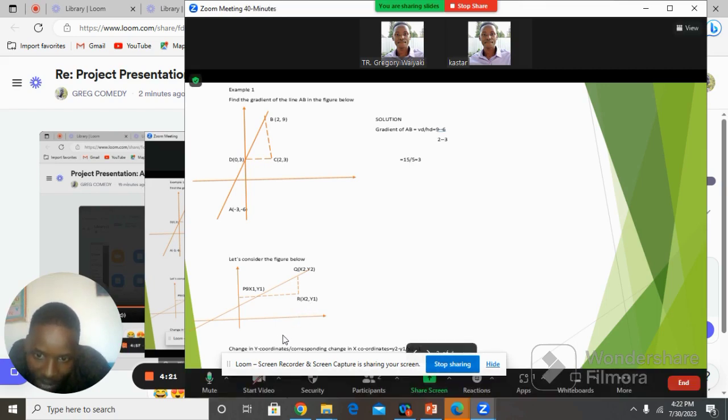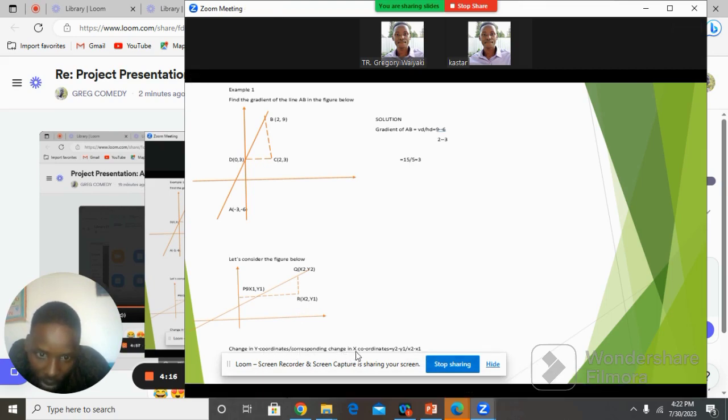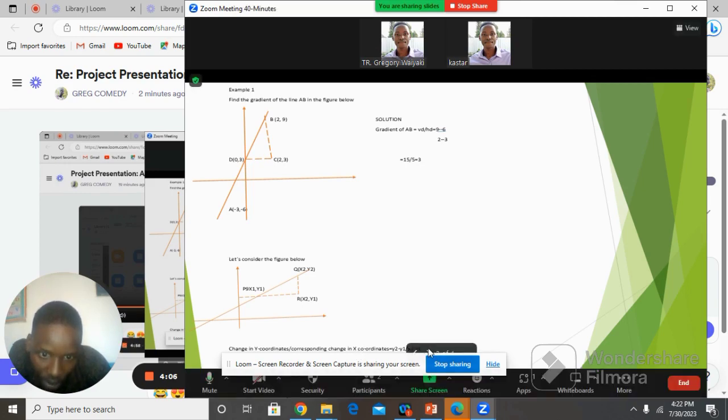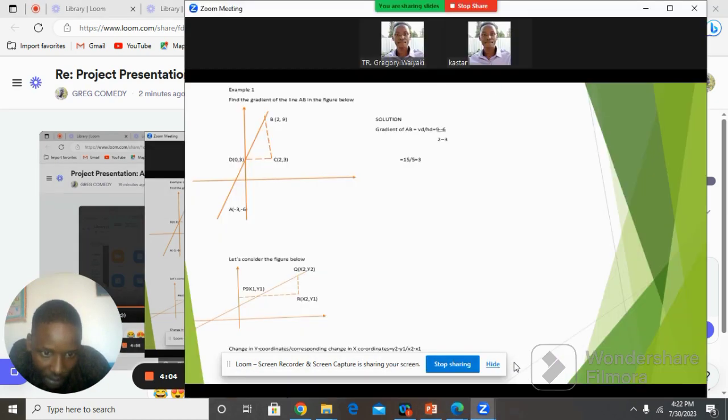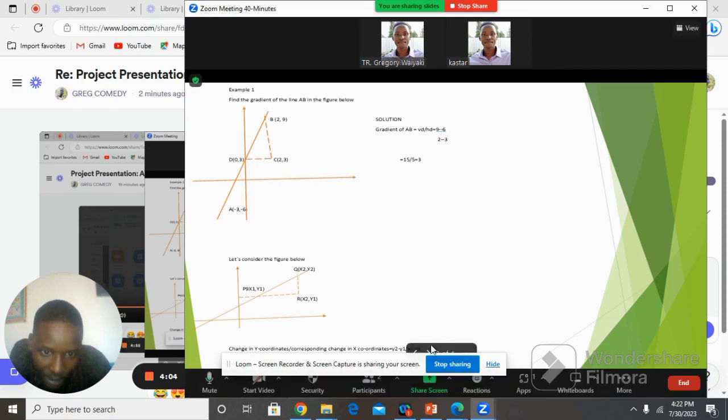So you realize that the change in y coordinate divided by the change in x coordinate will give us the gradient. And here we shall have y2 minus y1 divided by x2 minus x1, and we'll get our gradient. It is as simple as that.